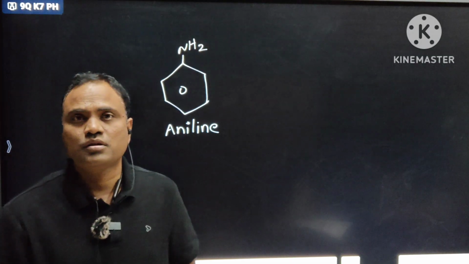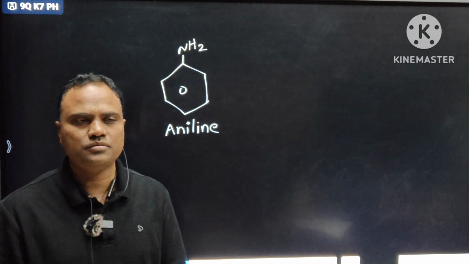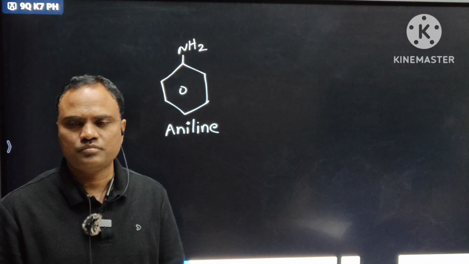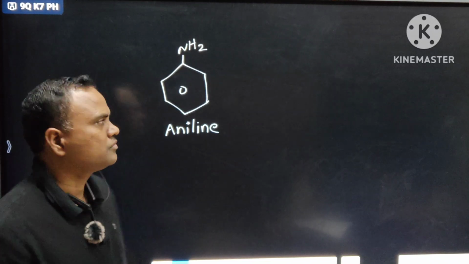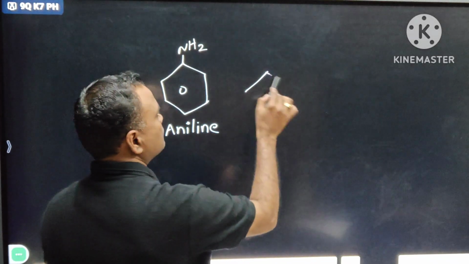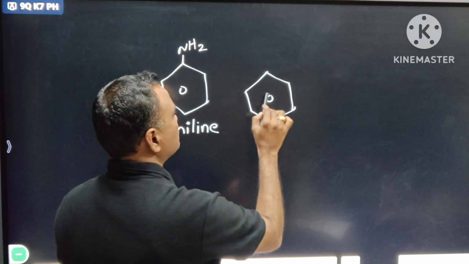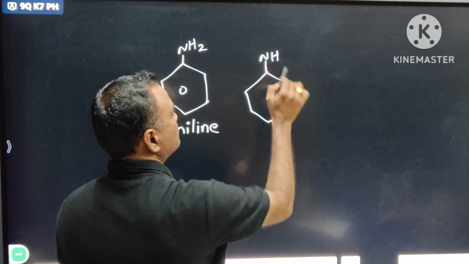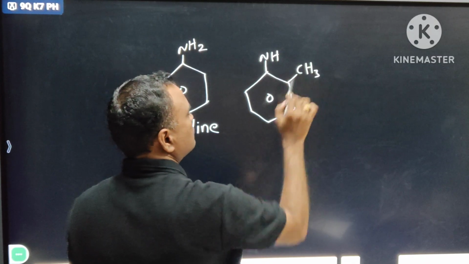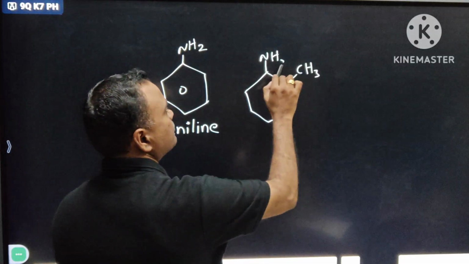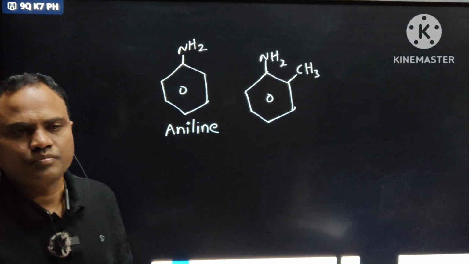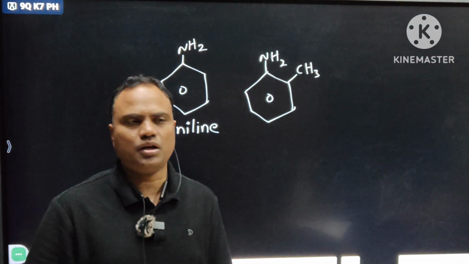Aniline is an aromatic amine. Next, aniline with a methyl group.